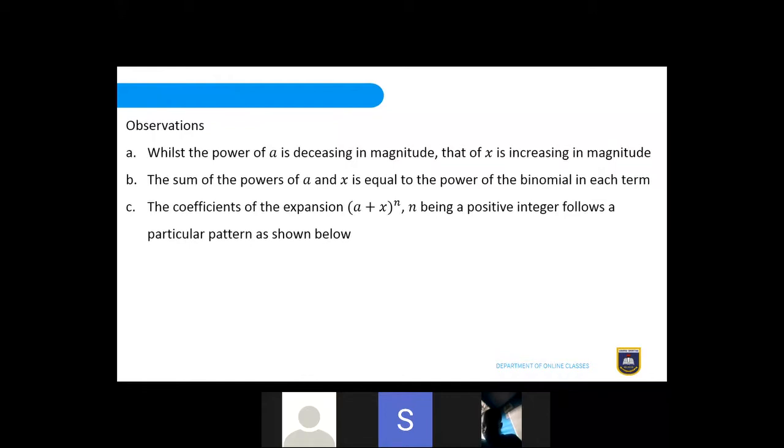Observations. Whilst the power of A is decreasing in magnitude, that of X is increasing in magnitude. Let's go back to the previous slide.